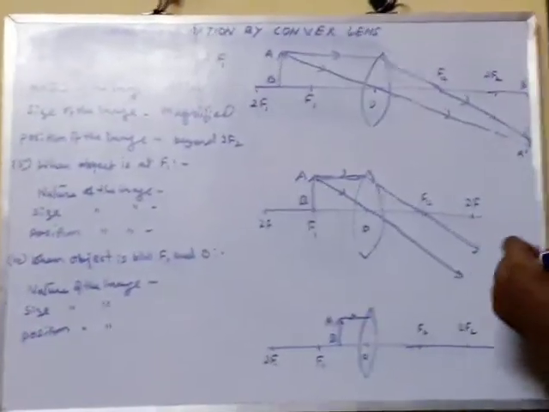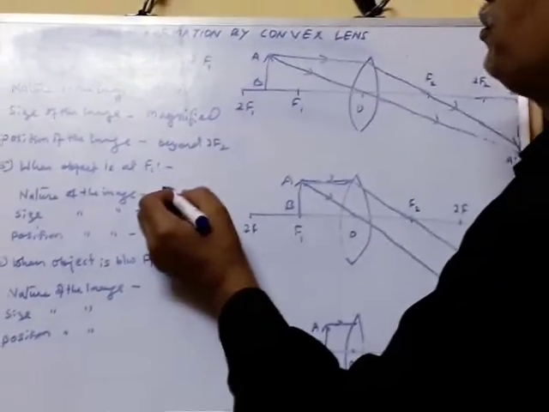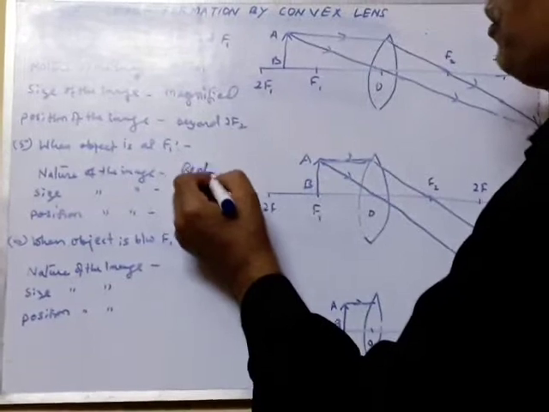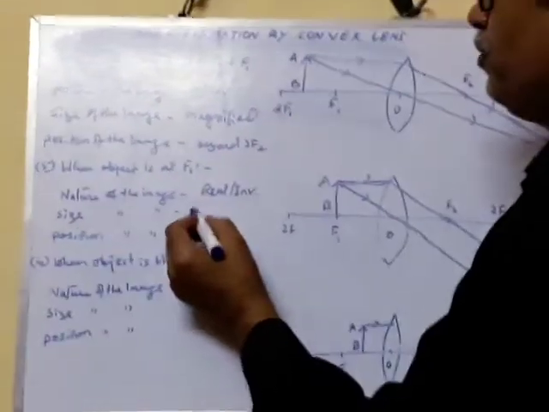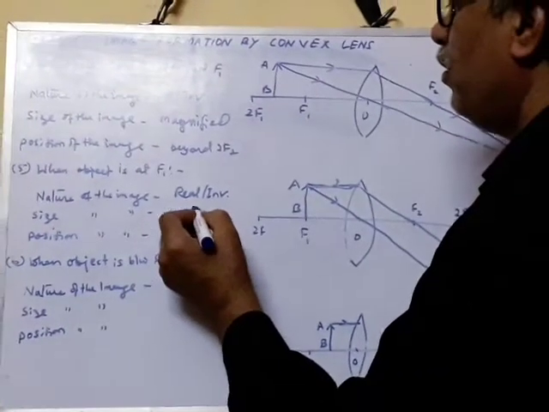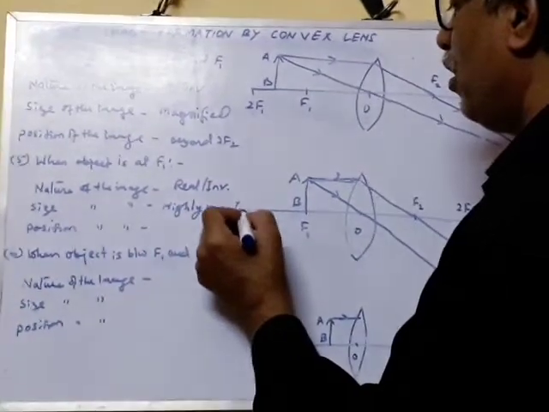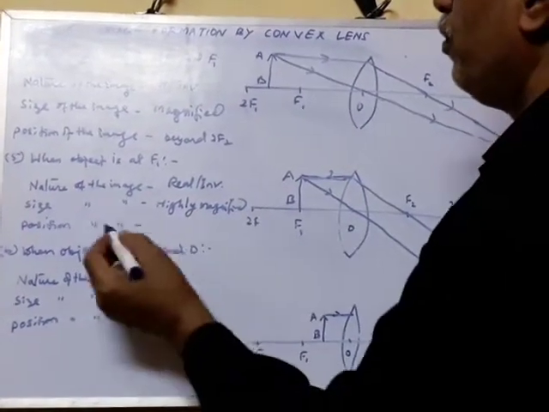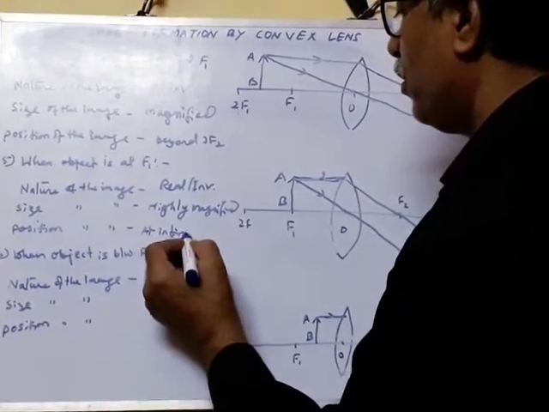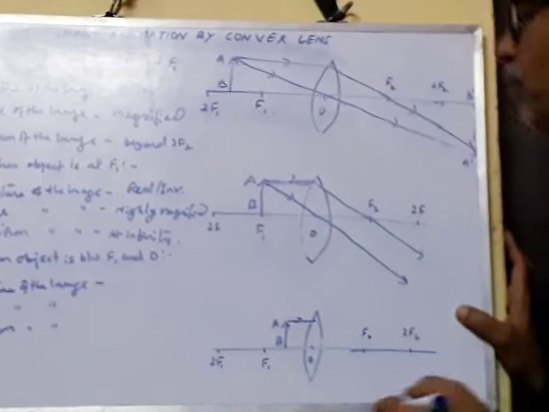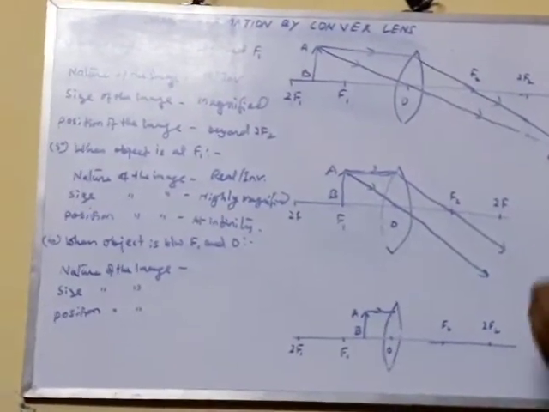So they will intersect only at infinity. Therefore, the nature of the image is real and inverted. The size of the image is highly magnified, and the position is at infinity. So in this case, the final image will be formed at infinity and it will be highly magnified.